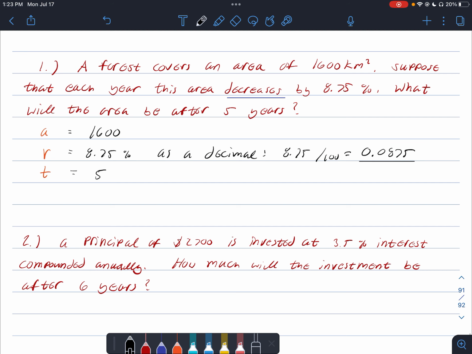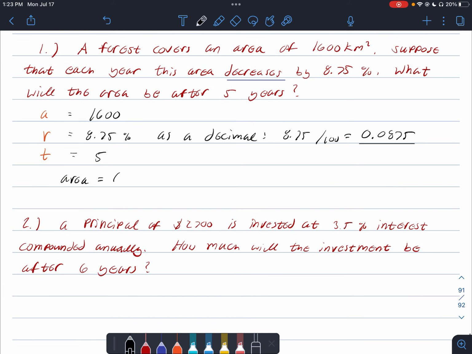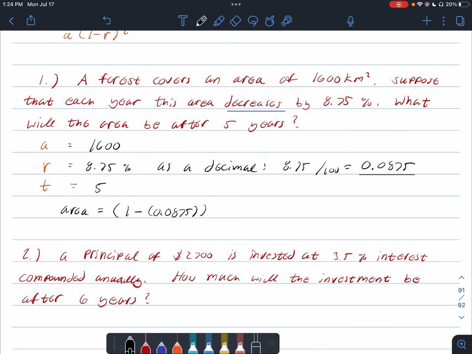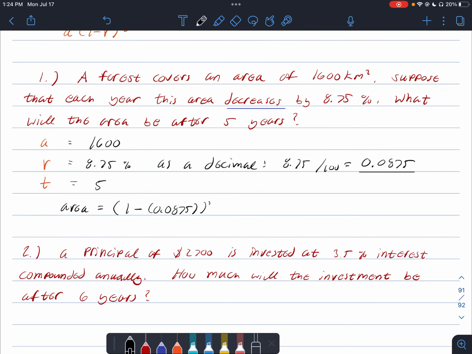So to solve this, we're looking for our area, which is going to be 1 minus 0.0875, and we're going to raise that to the T, which is 5. Let's bust the calculator out for this one.